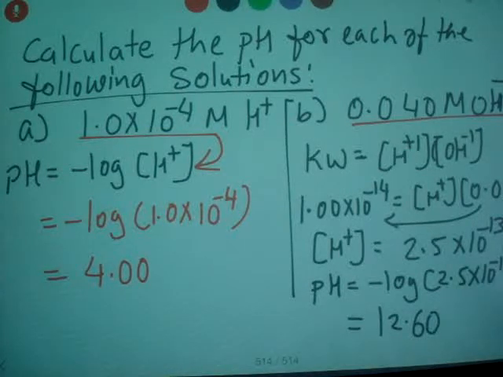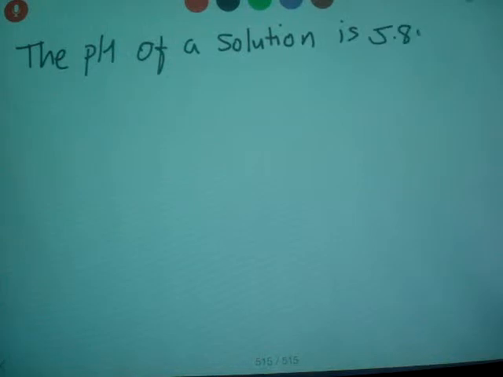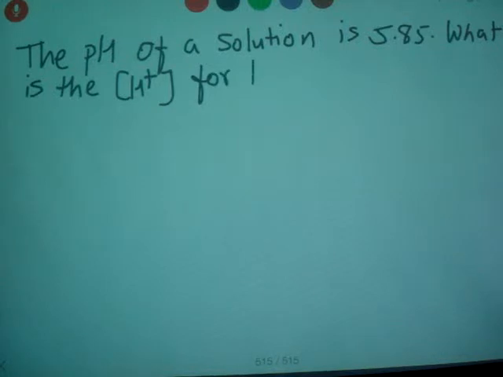Now we are going to work another problem, where pH is given and we need to calculate H plus ion, the other way around. The pH of a solution is 5.85. What is the H plus ion concentration for this solution?